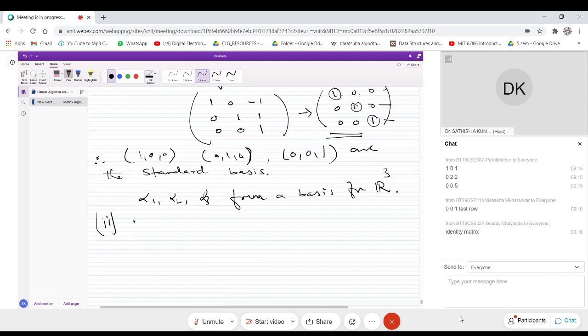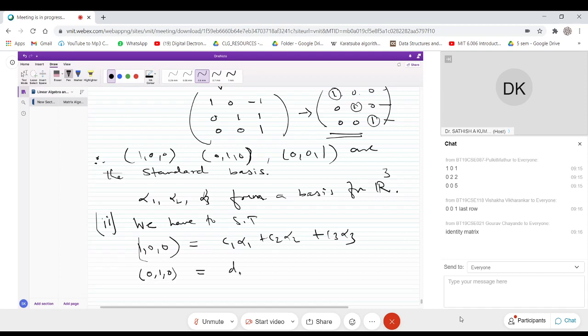That means we have to show that 1 0 0 is the same as a linear combination, let's say C1 alpha 1 plus C2 alpha 2 plus C3 alpha 3. This is a linear combination. And similarly 0 1 0 should be expressed as some D1 alpha 1 plus D2 alpha 2 plus D3 alpha 3.